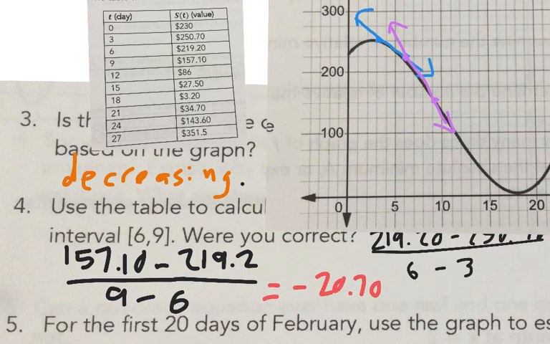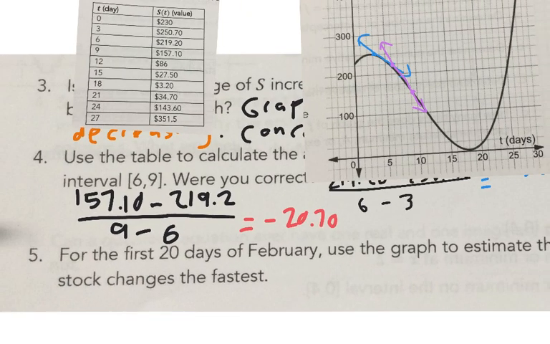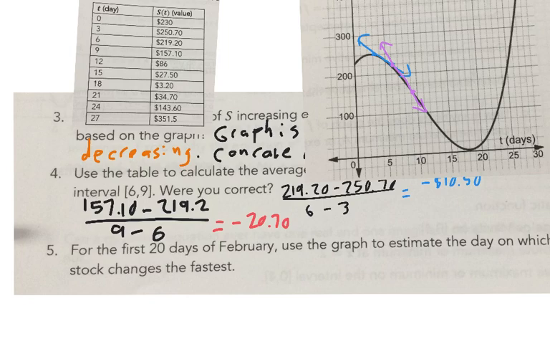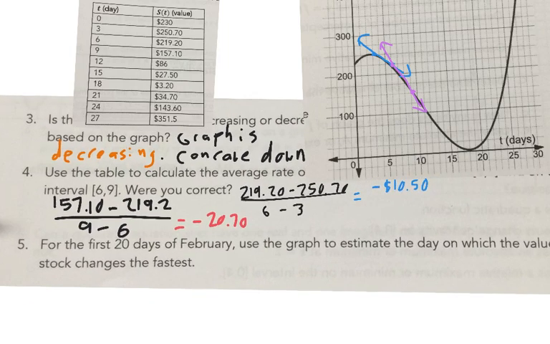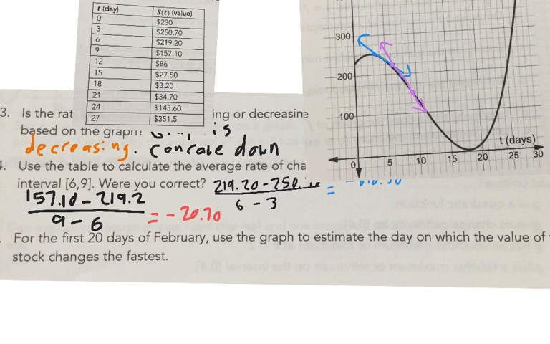And number 5, for the first 20 days of February, use the graph to estimate the day on which the stock changes the fastest. Would you say the point right before the inflection? The rate of change is normally fastest at points of inflection.